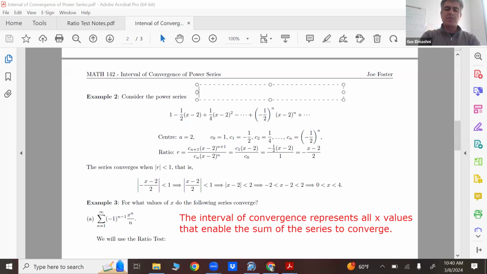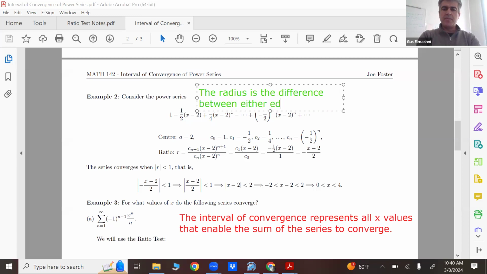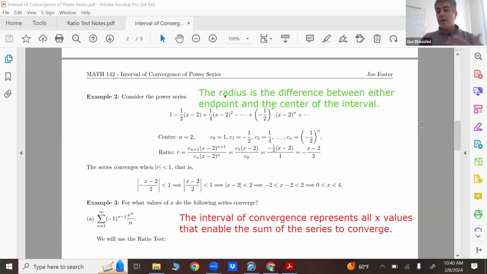I think how I had it earlier was correct. Matthew, go ahead. Yeah, the radius is simply the difference between either endpoint and the center of the interval. Yeah, that's a better way of saying it. There we go. And it's a positive value.